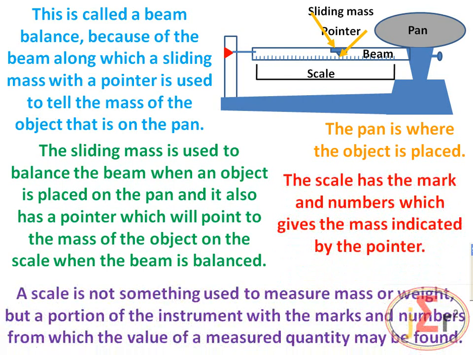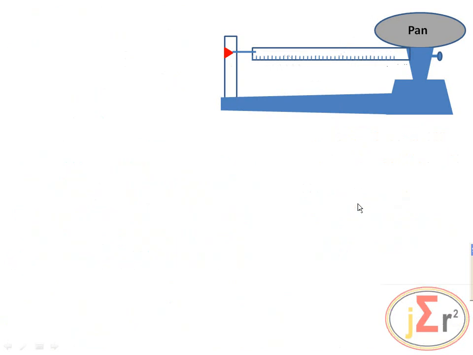A scale is not something used to measure mass or weight, but a portion of the instrument with the marks and numbers from which the value of the measured quantity may be determined or found. So this is the scale. It contains what? The marks and the numbers that we may use to determine or to tell the value of the mass that we are measuring.